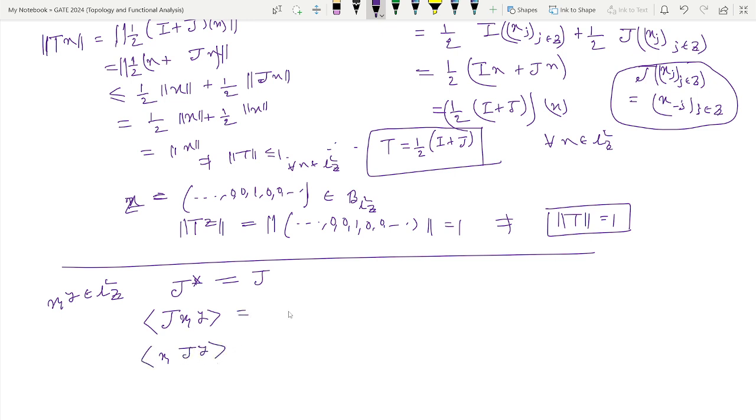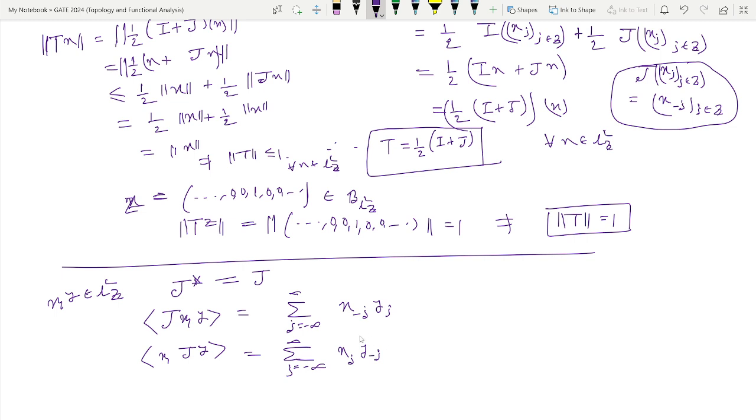So this is simply the summation, we have taken x equal to x_j and y equal to y_j, then this will be the summation j equal to minus infinity to infinity, as Jx will be x_{-j}, so this will be x_{-j} y_j, and this will be the summation j equal to minus infinity to infinity of x_j y_{-j}.